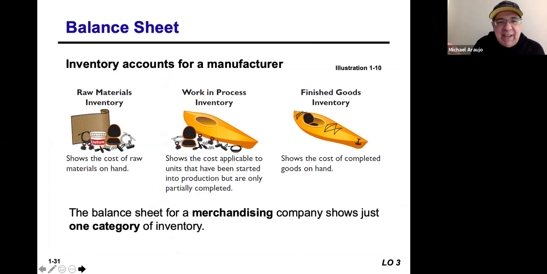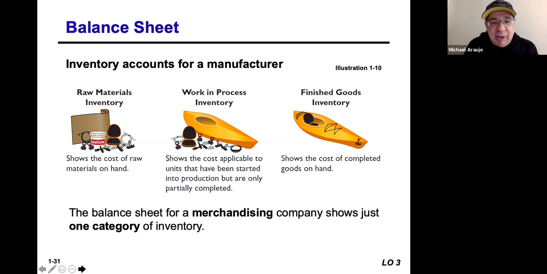Another place that differs between a manufacturer and a merchandiser is on the balance sheet. Because on the balance sheet, merchandising companies like retailers only show one category, inventory. That's it. For a manufacturer, they're actually creating these goods.